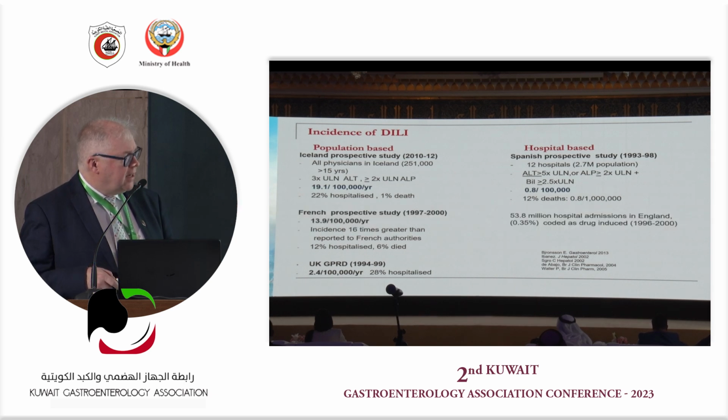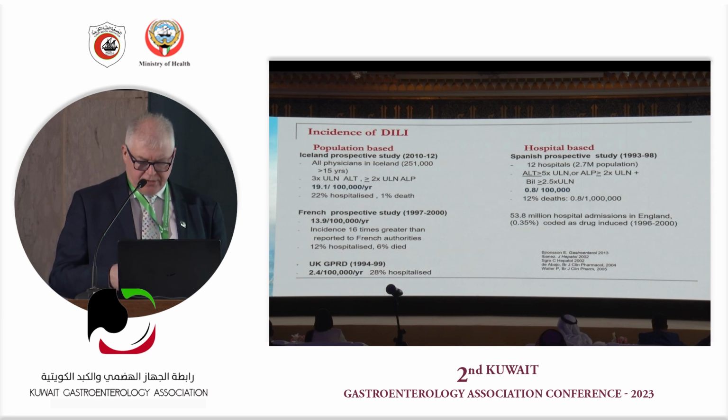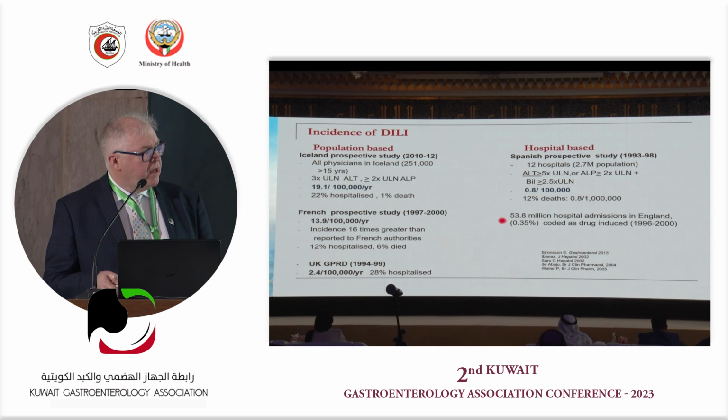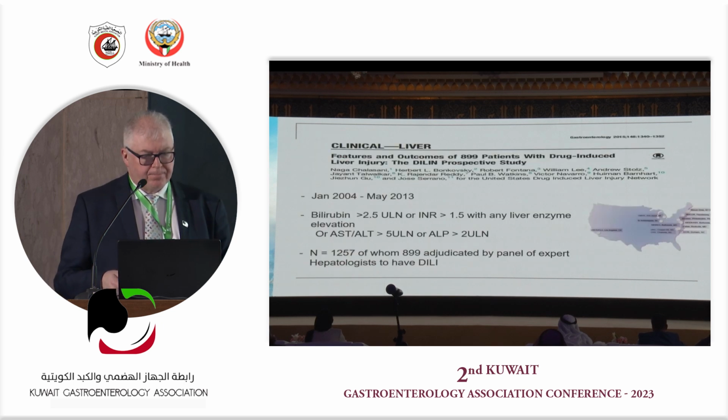In the United Kingdom, for example, the incidence is less, but where it is, what we still see is a very considerable amount of patient volume that ends up in hospital as a direct consequence of drug-induced liver injury. So of 53 million, about 0.5% of them relate to DILI.